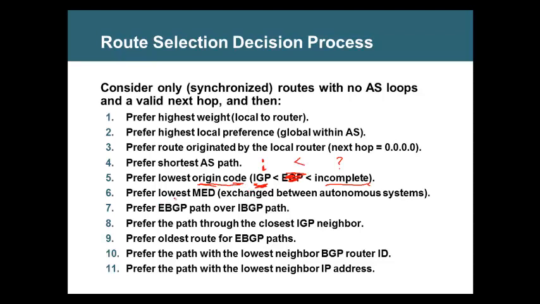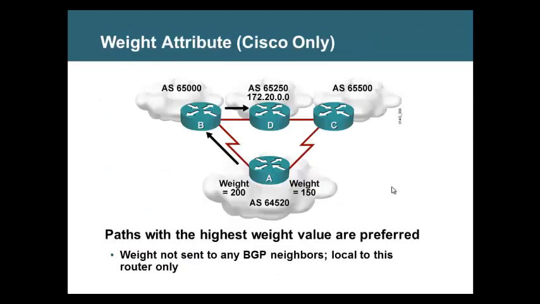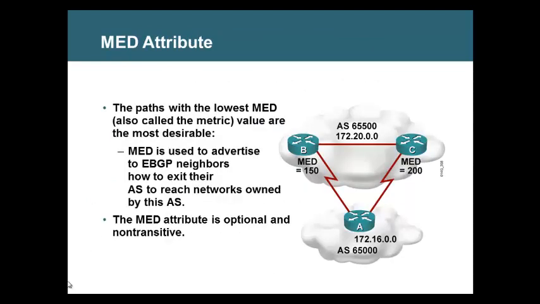Next, prefer the lowest MED. Again, I want to remind you, only when there is a tie in the first five does it come to this, but it doesn't mean that this will be a tiebreaker. Why? For MED, a special environment is needed. You need to have two connections to the same autonomous system. You cannot have two different autonomous systems.